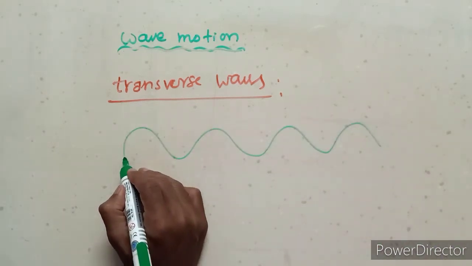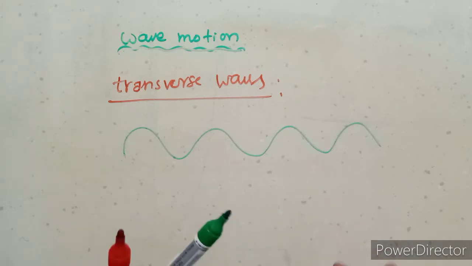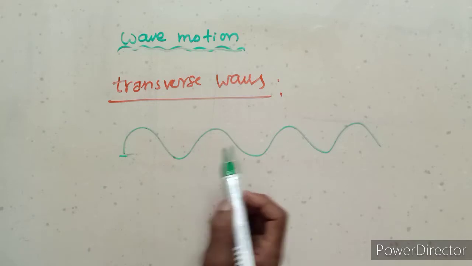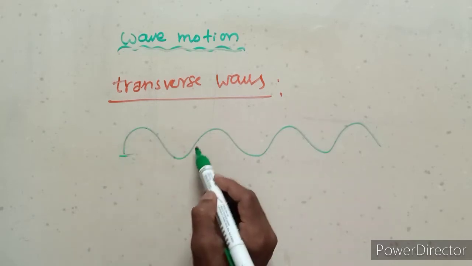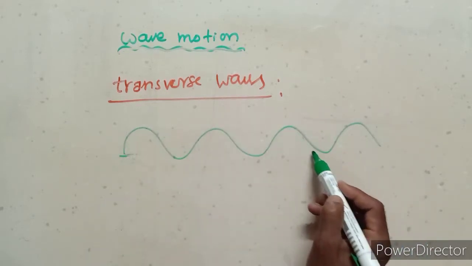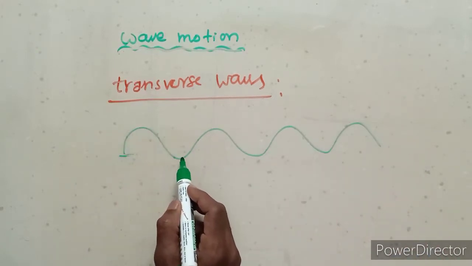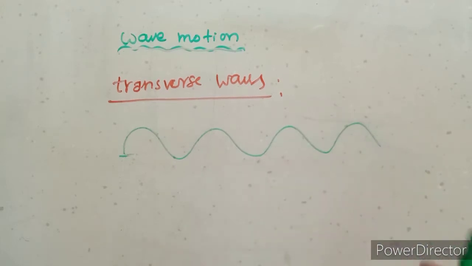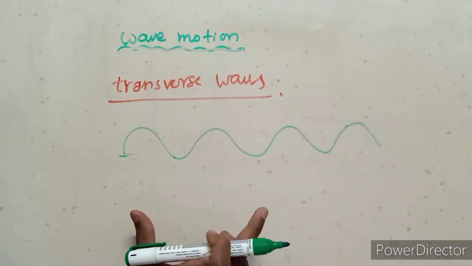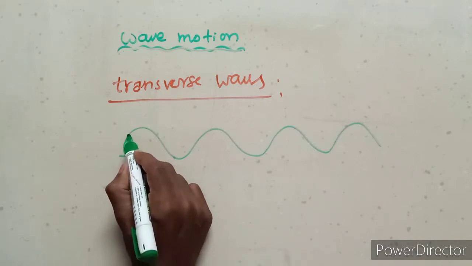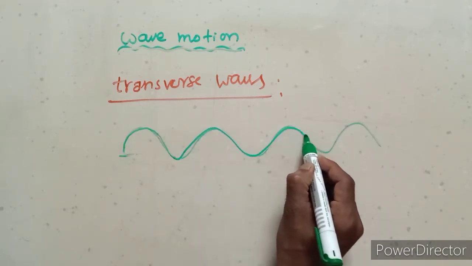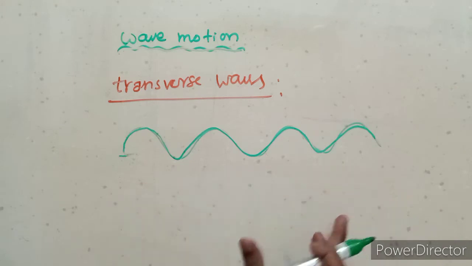In the water surface, if we throw a rock or brick or anything, it creates some disturbance, up and down, up and down. This direction is perpendicular to the propagation of energy.